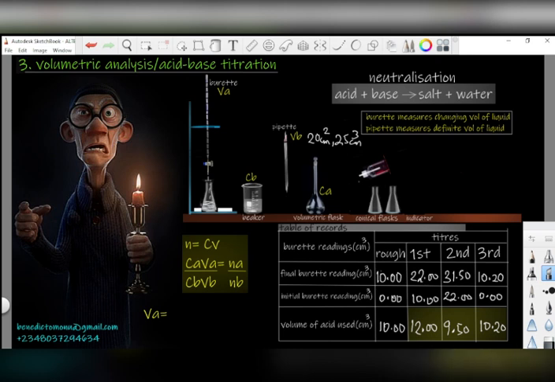The volume you get by averaging the ones that are not the rough is going to be the volume of acid used.